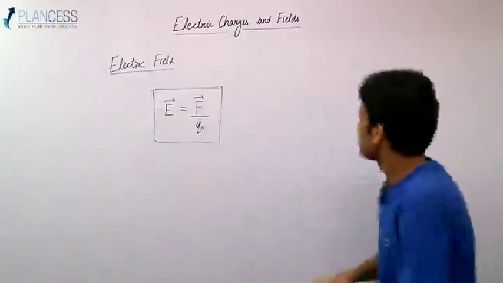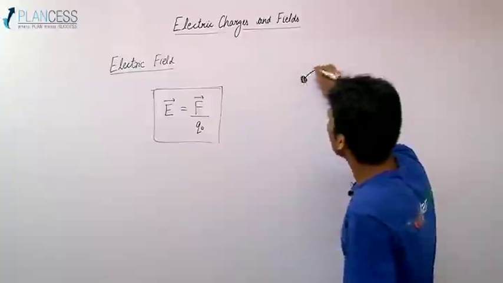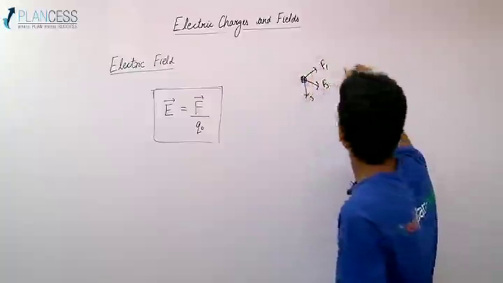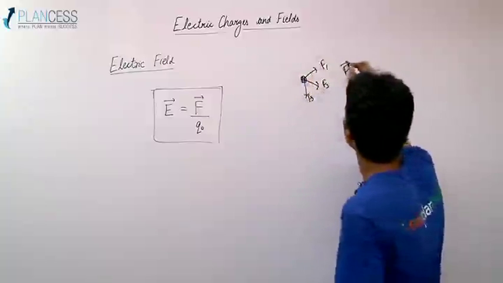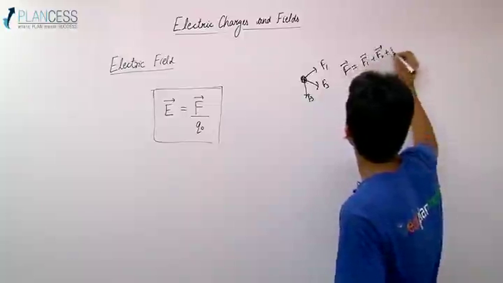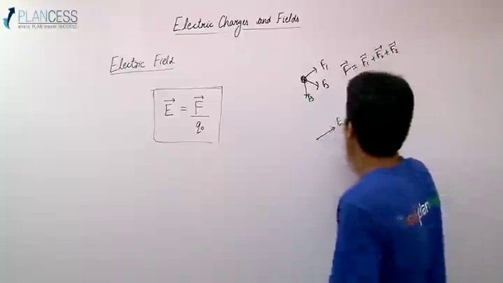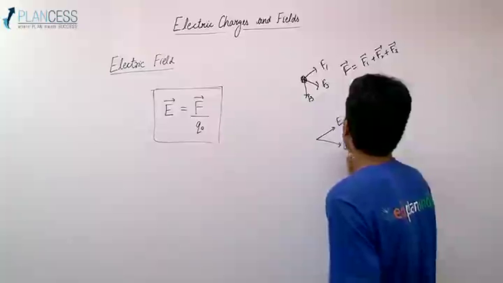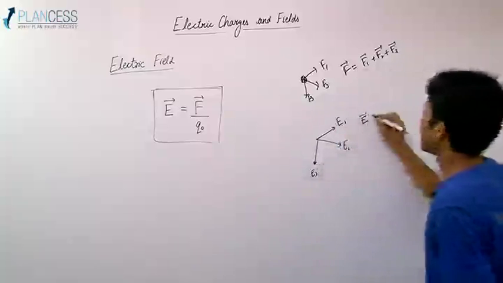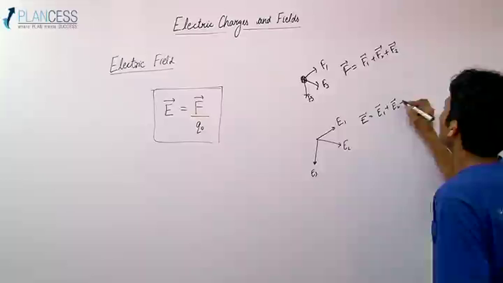That is, we know that in the case of force at any charge, if F1, F2 and F3 were the three forces, the total was written as F1 plus F2 plus F3, the vector sum of all three forces. Similarly, at any point, if one charge produces an electric field here, another charge here and another here, the net electric field at that point can be written as the vector sum E1 plus E2 plus E3.